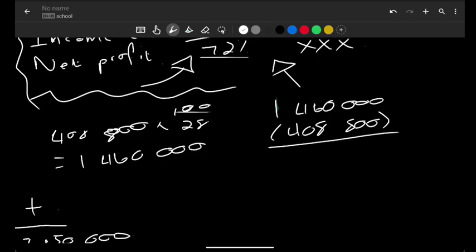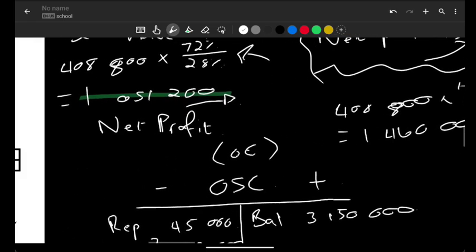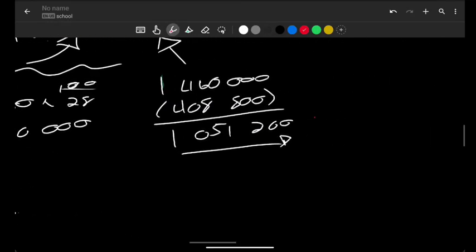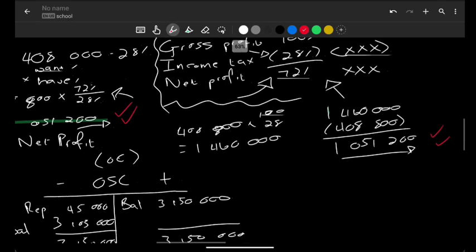Minus 408,800 equals 1,051,200, which is the same as the answer that we have here for net profit, right? So that just goes to show that this example of what we have over what we want actually does work, right?